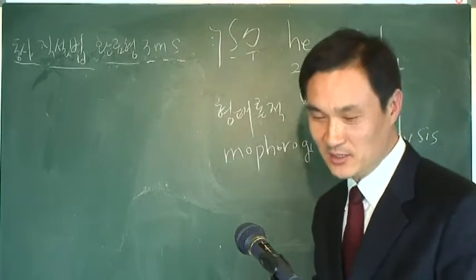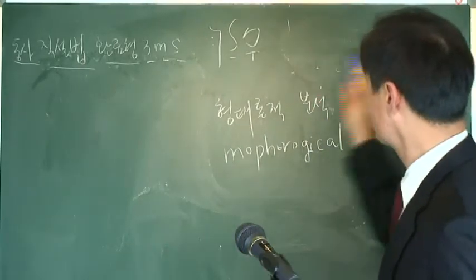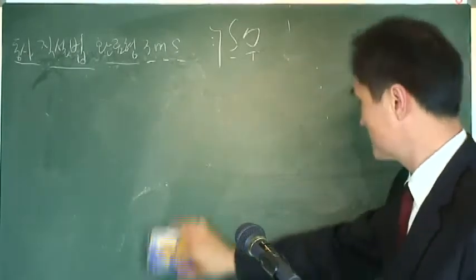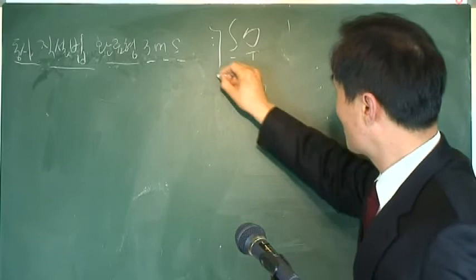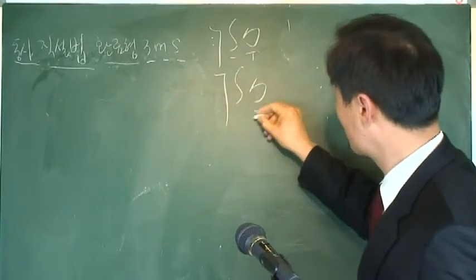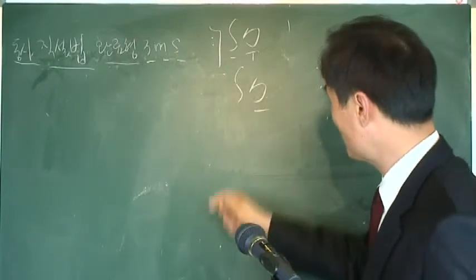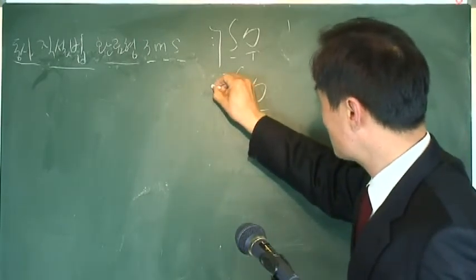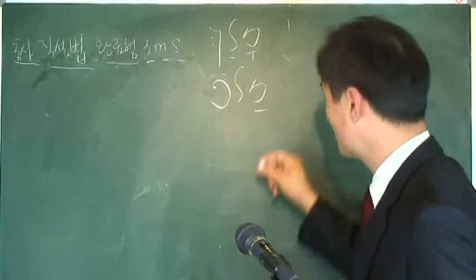Let's look at the third person feminine singular form of the Hebrew word malak. An ending is added to malak.